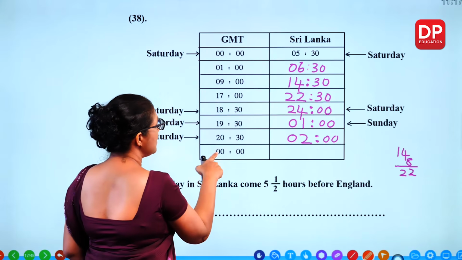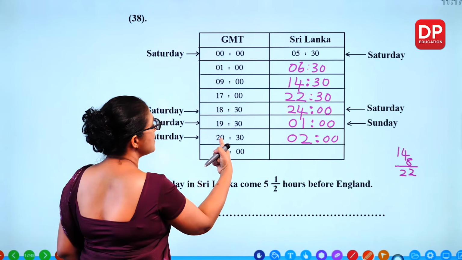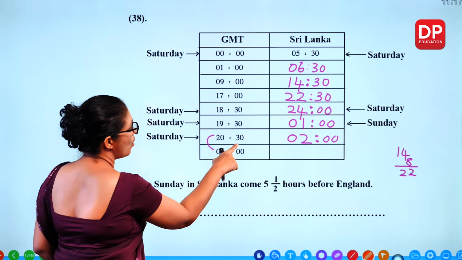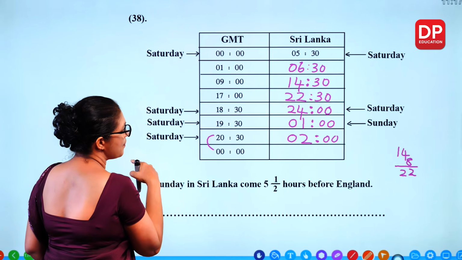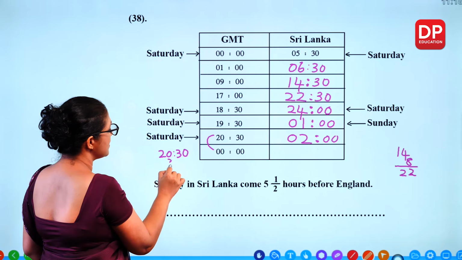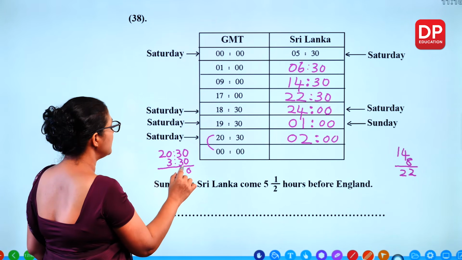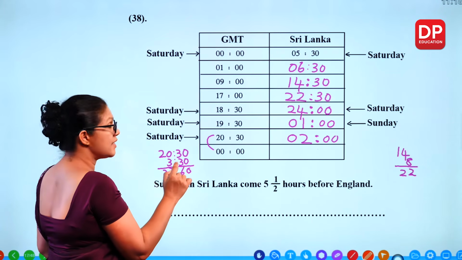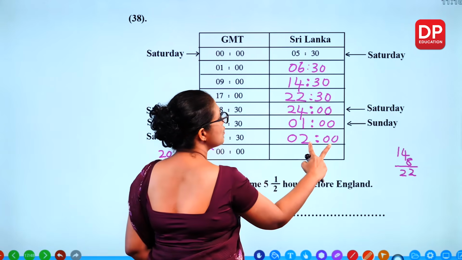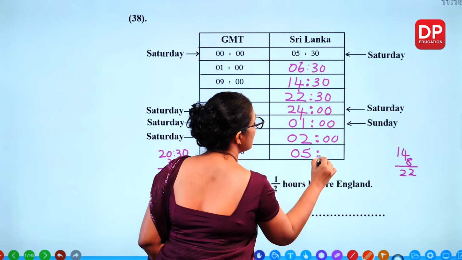Then this means 00 is 24. That means we have to add 3.5 to that. 2030 and 3:30. What's the time? You get 1 hour. Here 23 and 60 means 24. So 3:30. So add 3:30 to this one. 5:30 here.